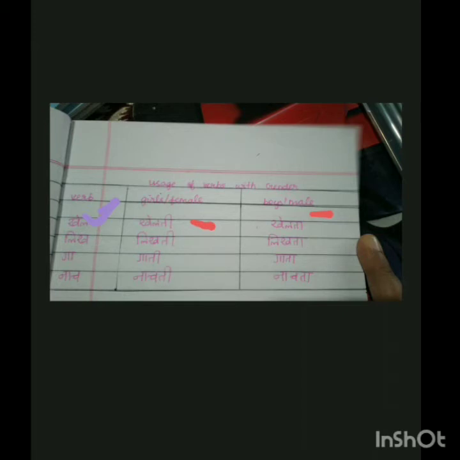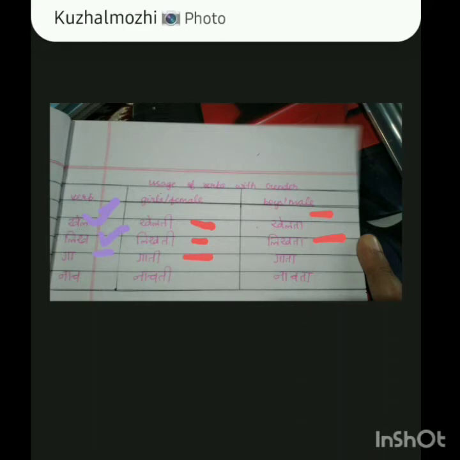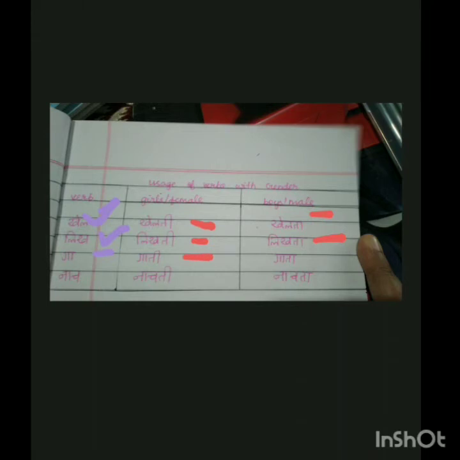And the next word, likh. Likh means write. For feminine gender, we use likhti. For masculine gender, likhta. The next verb is ga. Ga means sing. For feminine gender, gati, and for masculine gender, gata. And the last verb I have given here is nach.